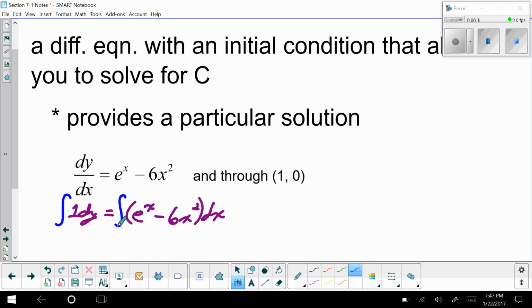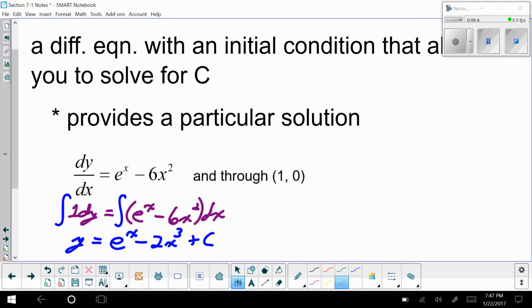Derivatives and integrals are inverses of each other, so I'm going to take the indefinite integral of each side. Antiderivative of 1 with respect to y is y. I'm just going to worry about putting the plus c on the right-hand side. Antiderivative of e to the x is e to the x. Antiderivative of 6x squared would be 2x cubed. And then plus c.